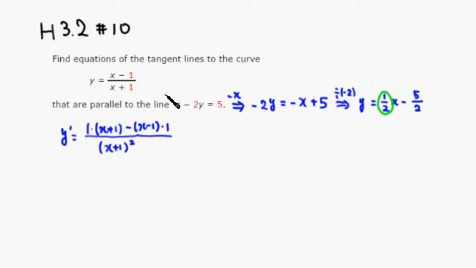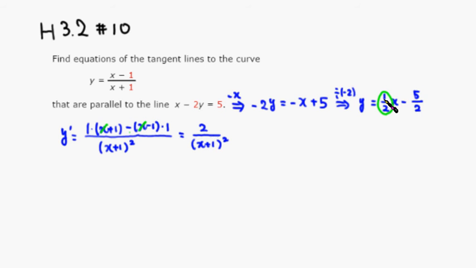If you simplify that, you can see that the x minus x cancels. So 1 minus negative 1 would be 2. This is just going to be 2 over x plus 1 squared.